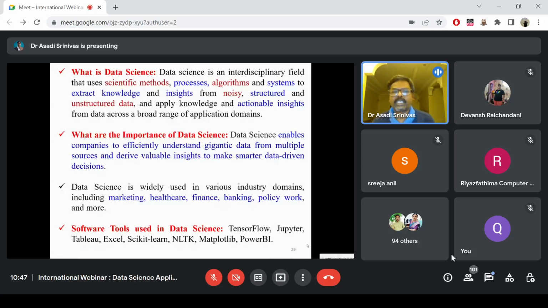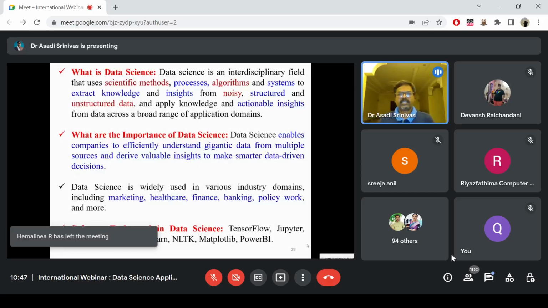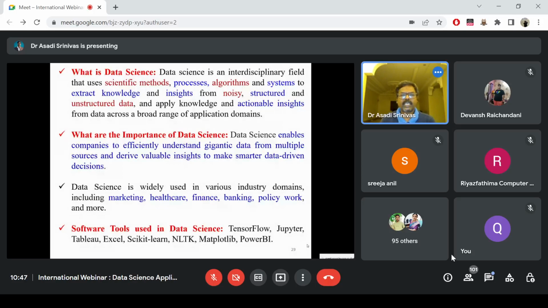What is the importance of data science? In order to increase their business, all business people are using data science, and they are getting a huge volume of data from multiple sources and deriving valuable insights to make smarter data-driven decisions.